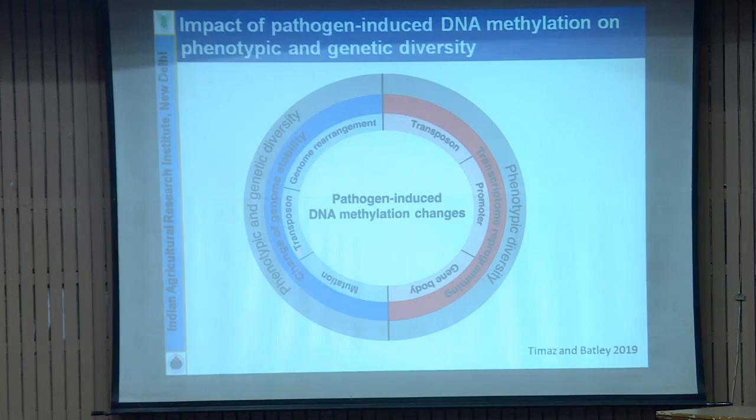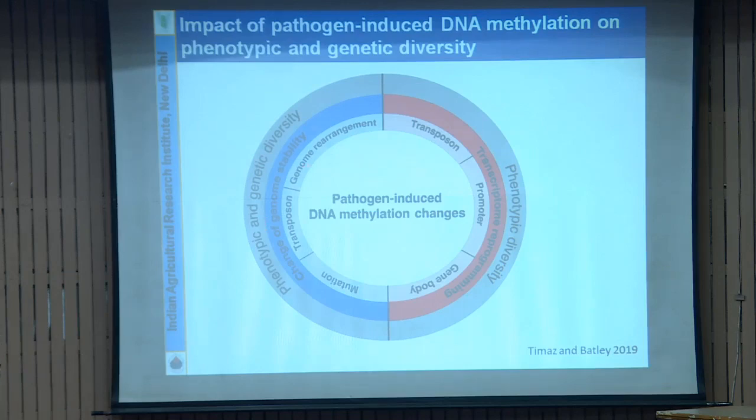Similarly, methylated DNA is more prone to mutation because methylated DNA may get deaminated. As a result, nucleotides may change: cytosine may change to thymine, guanine may change to adenine. So spontaneous mutation may happen. Transposons may move from one location to another. If they are less methylated, they are active, they will move and lead to genome instability.